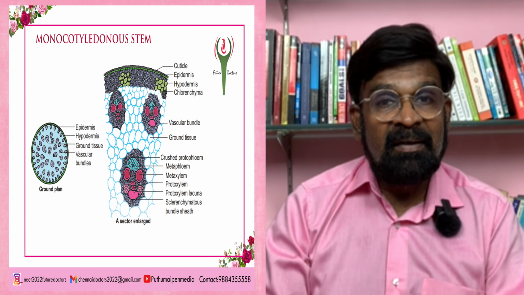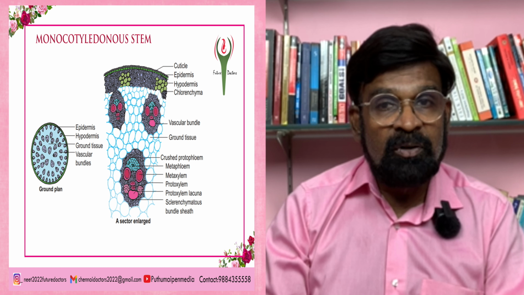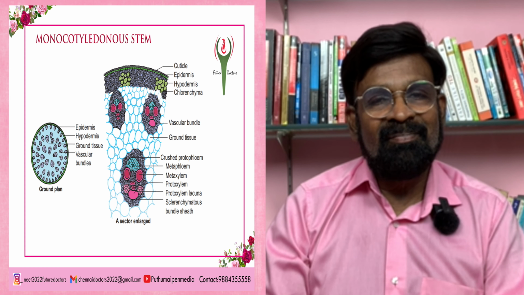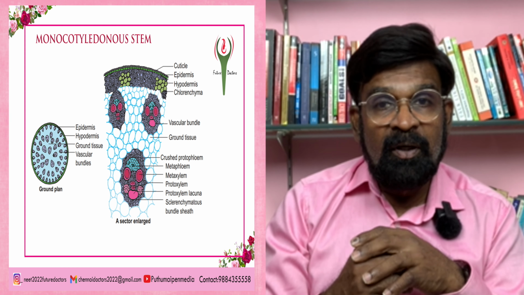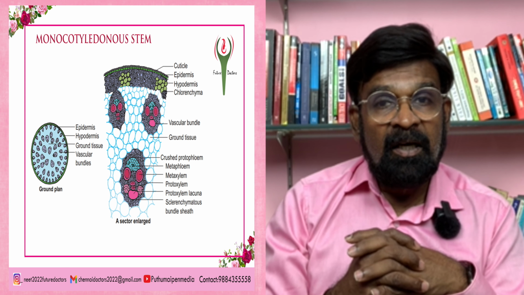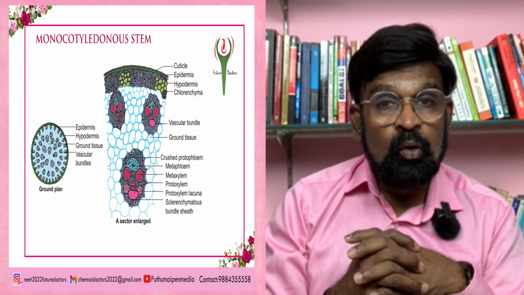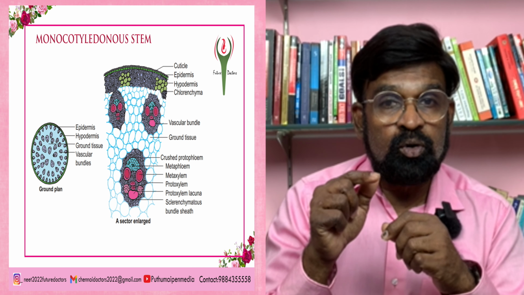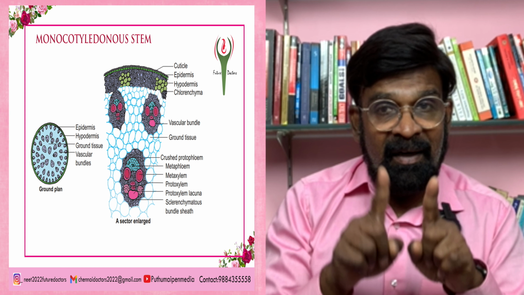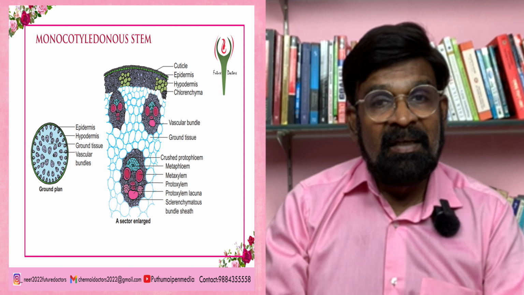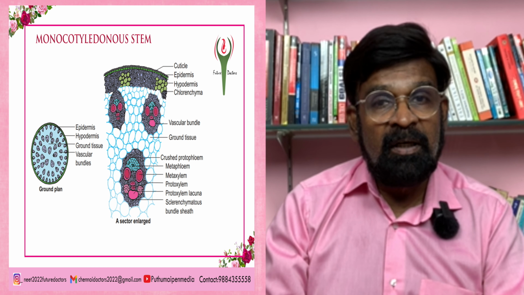The bundles are endarch, with the protoxylem and metaxylem arranged in the form of a Y. The divergent ends are occupied by two pitted vessels and the convergent end by two smaller spiral vessels lying radially in the center. A water containing cavity called lysigenous cavity is present in association with the protoxylem.